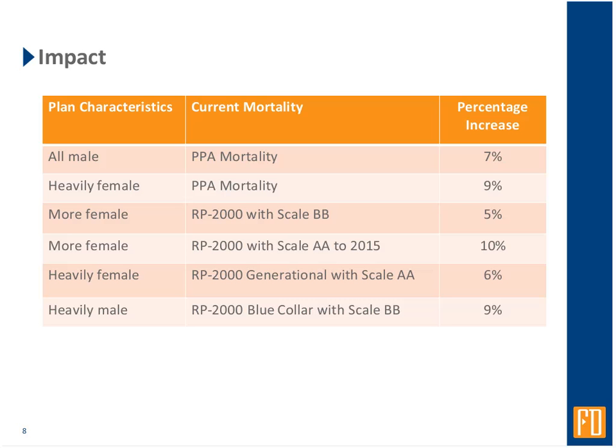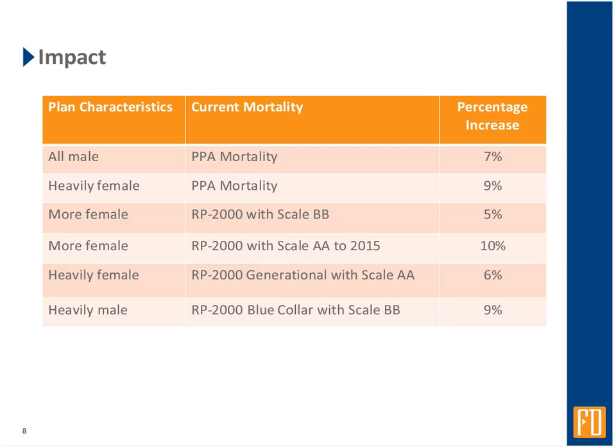So, if we're using the PPA mortality table, which is the one that's being mandated by the IRS currently, you're looking at somewhere between a 7 and 9% increase. If you're using some other tables, you see varying degrees of improvement.